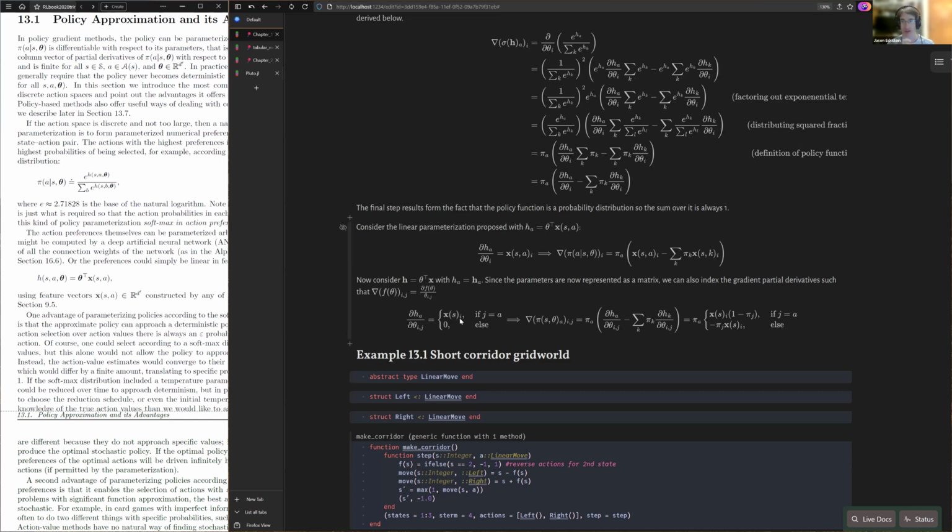That's the value in that column. If j is the column index of theta, then in every other column this partial derivative is 0. So it's a more sparse partial derivative than the previous one. The added complexity here is in the mapping of the feature vector.